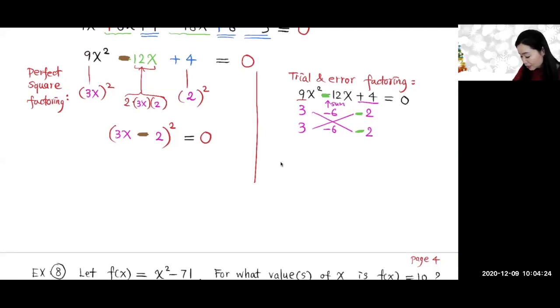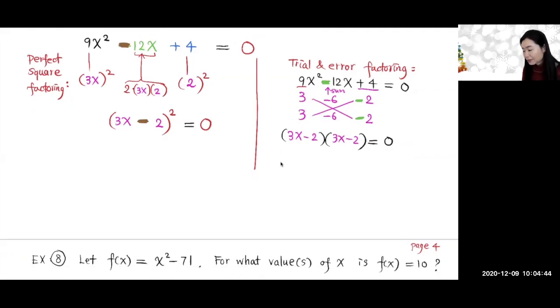So you will have 3x minus 2 two times. However, because these two are the same factor, you unite them and put it as a square. So you end up with the same equation.